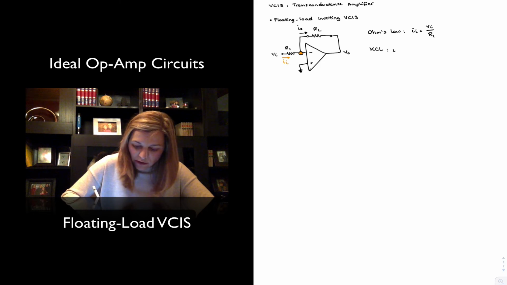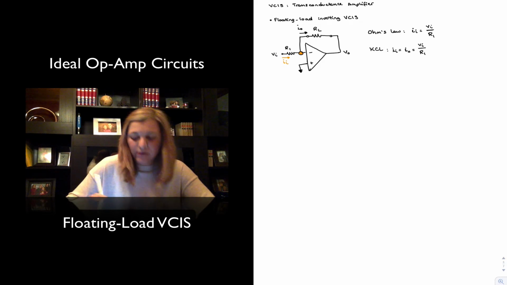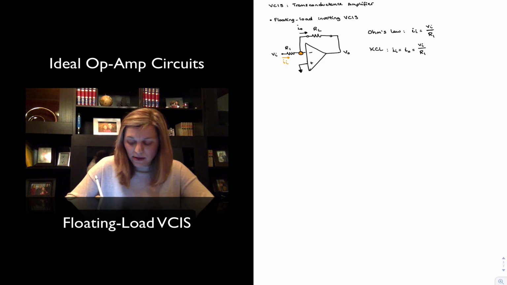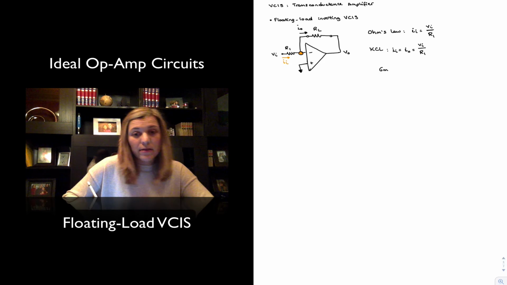Therefore, I can write I in is equal to I out, and we've already determined that I in was equal to V in over R1, and therefore I out has the same value. And from here, I can calculate my gain term for the circuit.